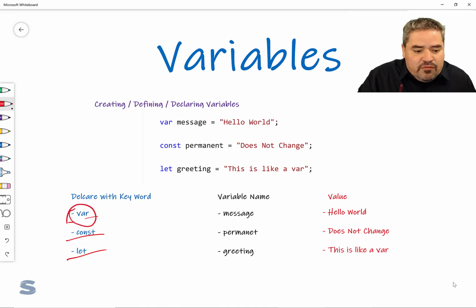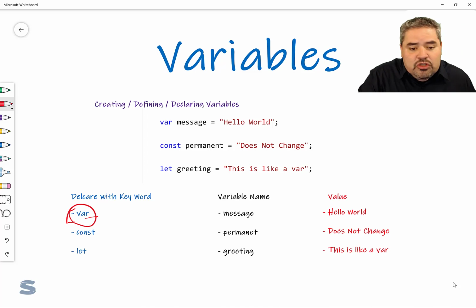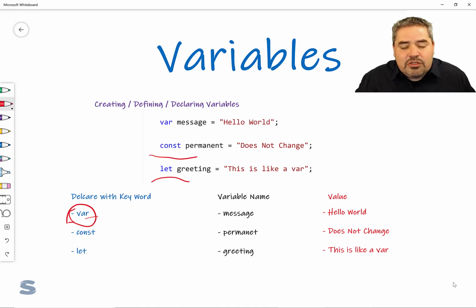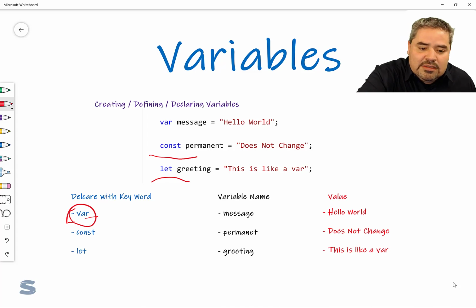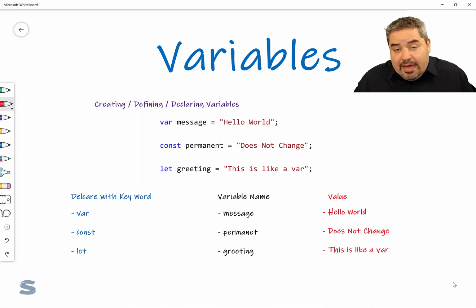So for the time being, don't worry about const, don't worry about let. Just know that there are examples like these lines here that allow us to declare a variable using the keywords const and let. We'll get to those in another video further down the road, as we become more proficient in writing code.